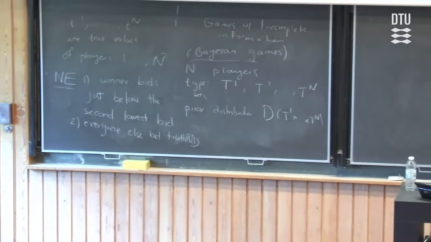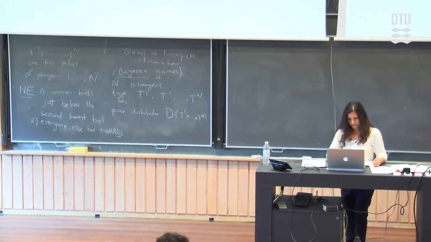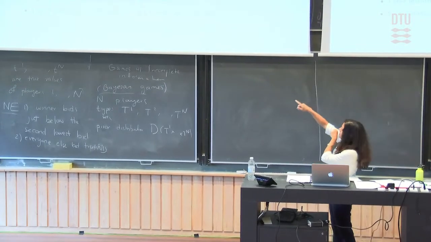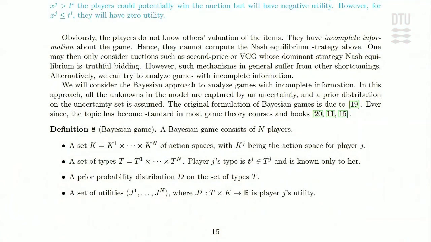It's going to get a little tricky with the notation, but I defined it all here. So we have the action spaces, the types, a prior probability distribution on types, and the utility is as before, but it's a map from types and actions to R.